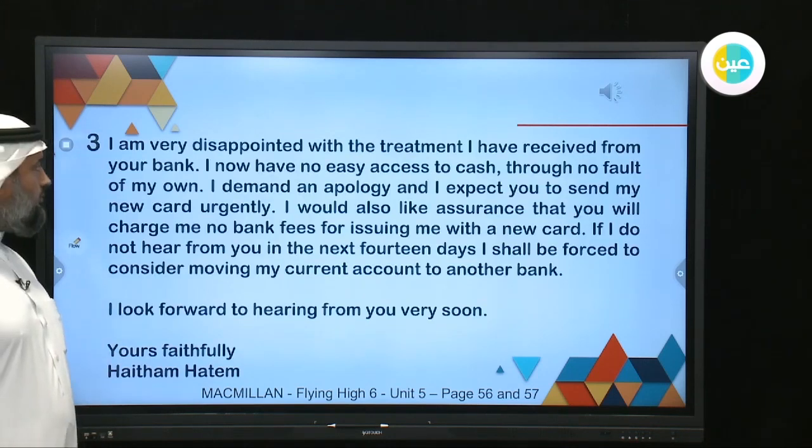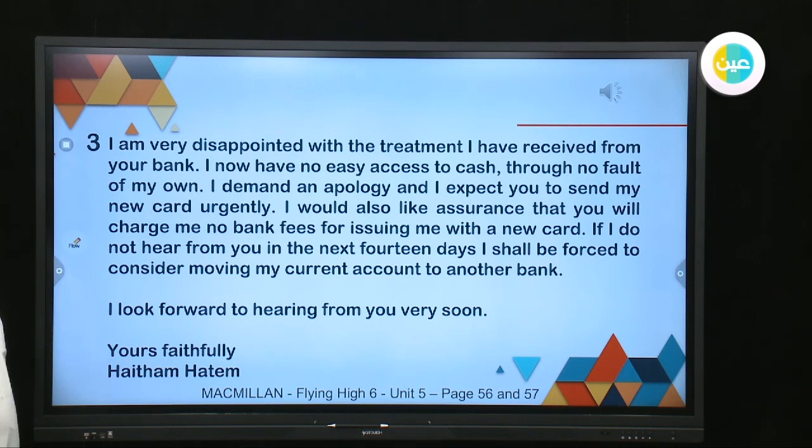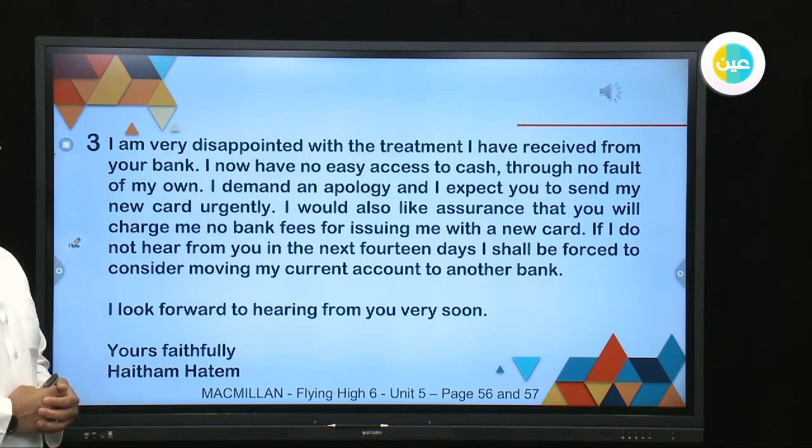I'm very disappointed with the treatment I have received from your bank. I now have no easy access to cash through no fault of my own. I demand an apology and I expect you to send my new card urgently. I would also like assurance that you will charge me no bank fees for issuing me with a new card.